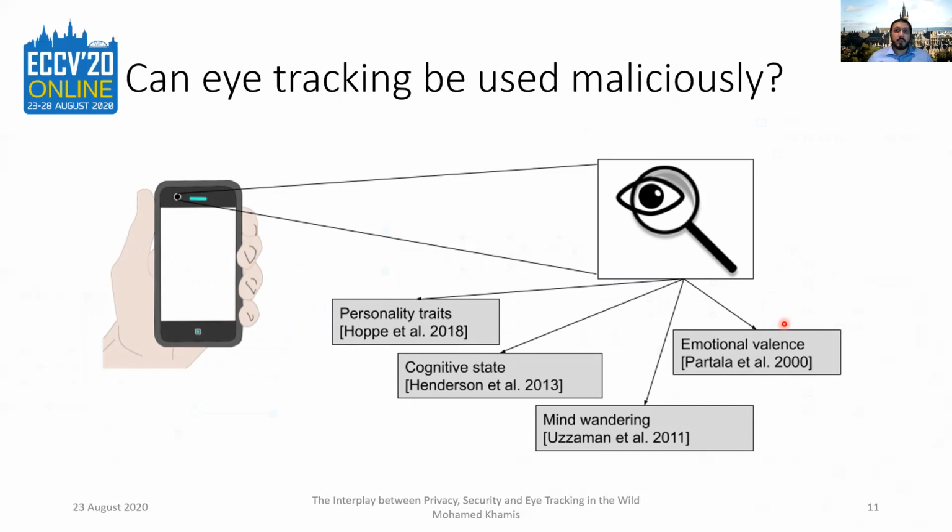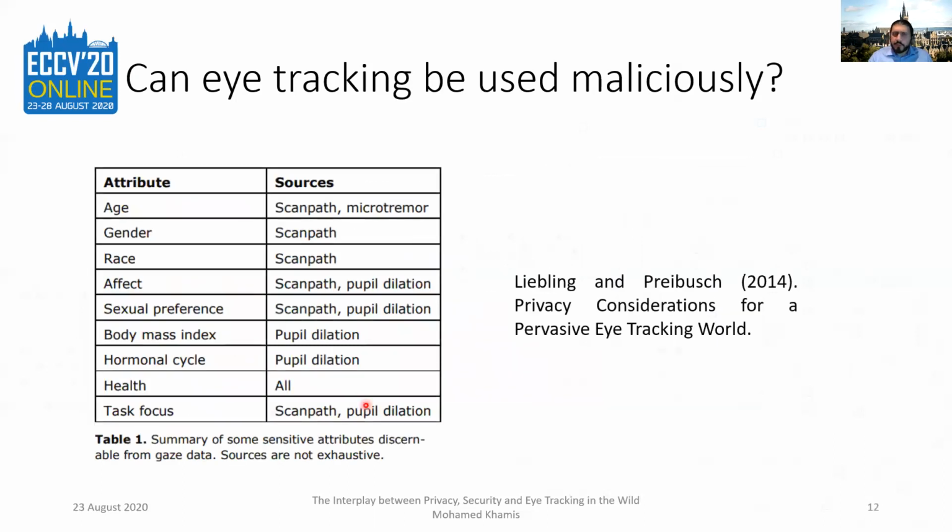So, for example, some of the big 5 personality traits could be inferred from gaze behavior. You can detect emotional valence and cognitive states of users from their eye movements. You can also detect if a user is in a mind-wandering state. And probably the easiest thing you could do is that you could detect the visual interests of people using eye tracking.